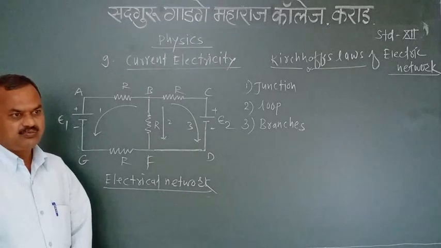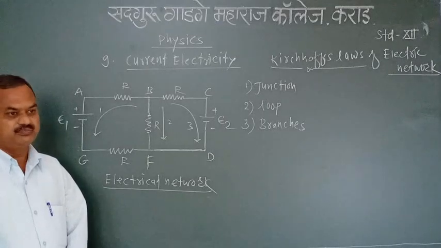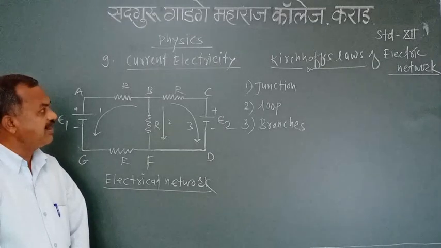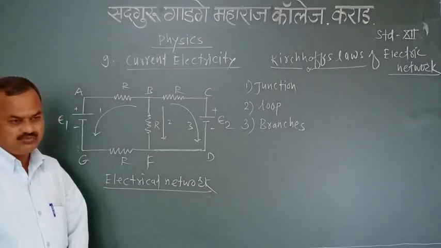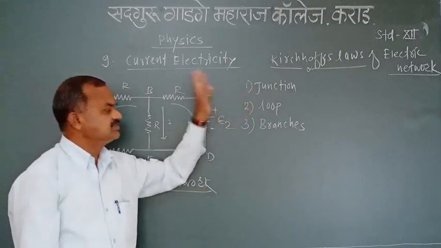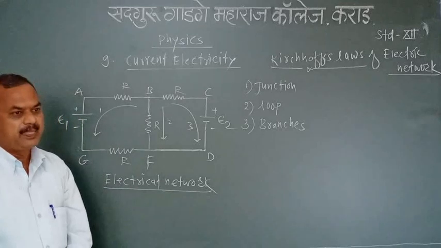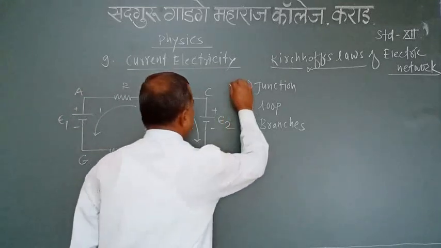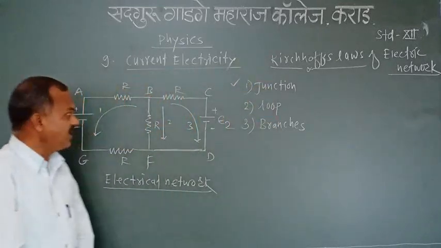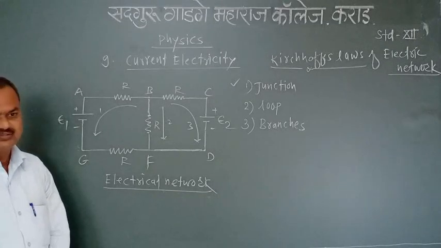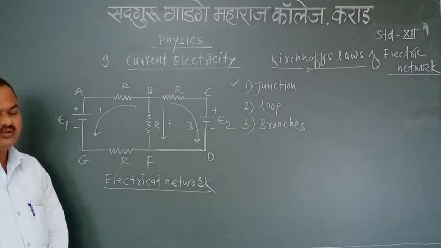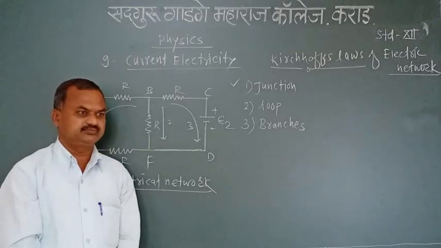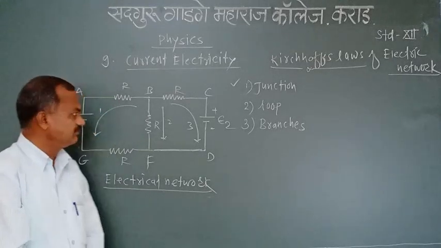First, we define some terms which are applicable for such an electrical network. Among them, the first term is junction. Junction is the point in an electric circuit or electric network where two or more conductors join together.